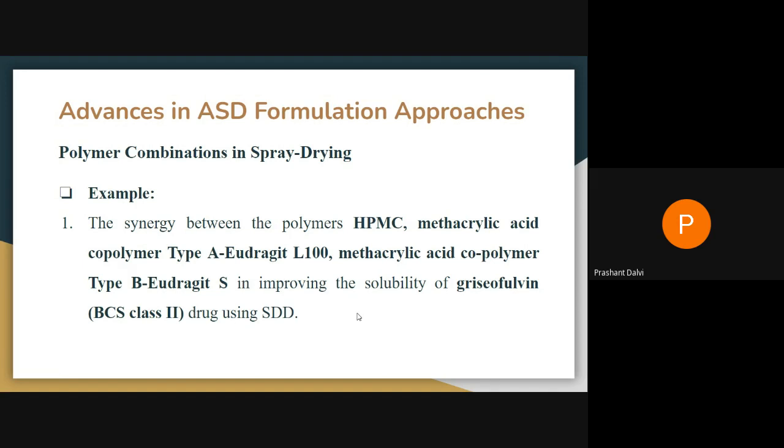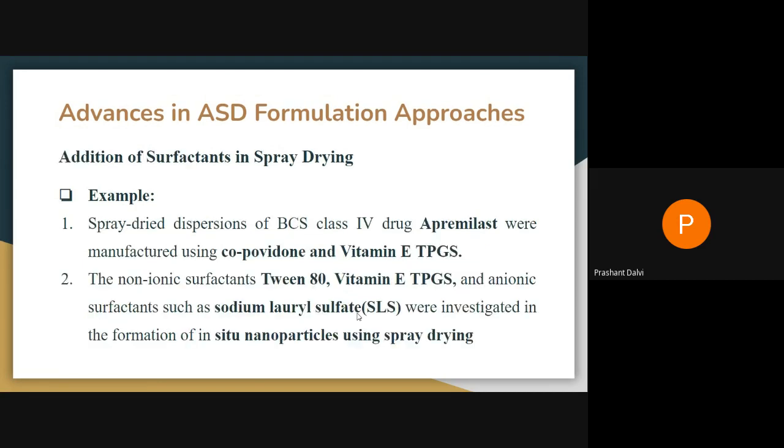So amorphous solid dispersion is prepared by using these spray drying techniques. So this is the combination of polymers in the spray drying technique for the formation of amorphous solid dispersions. Then another advance in this spray drying technique is the addition of surfactants.